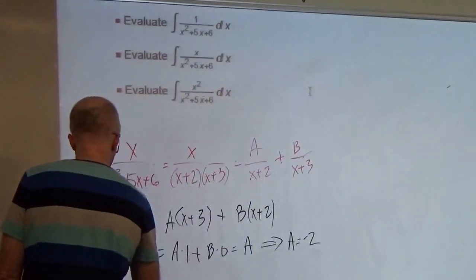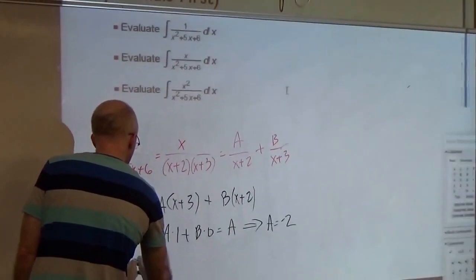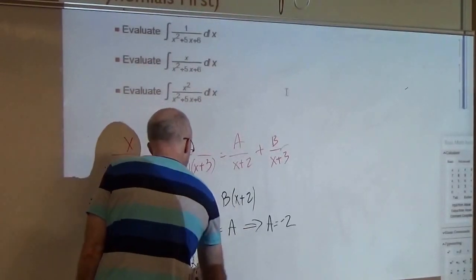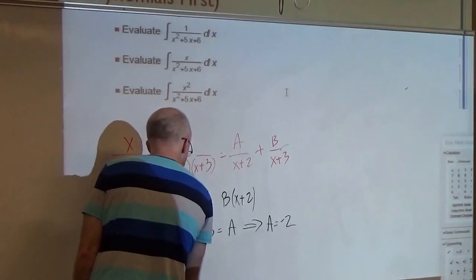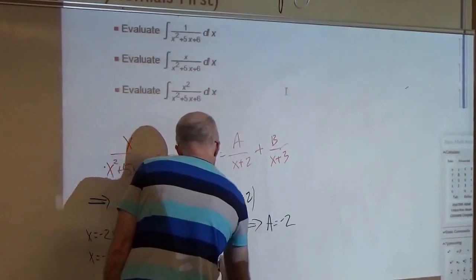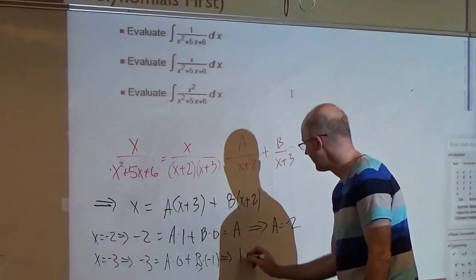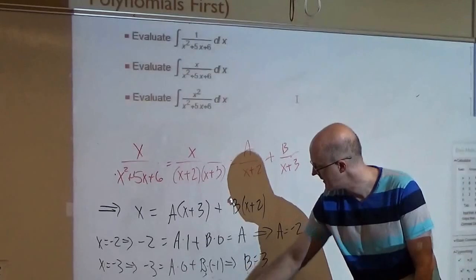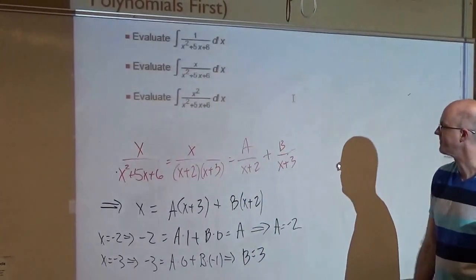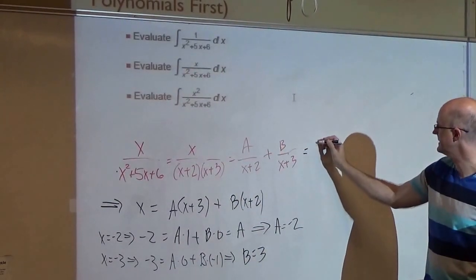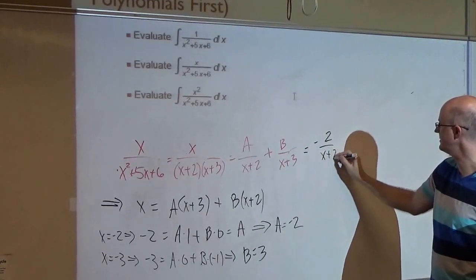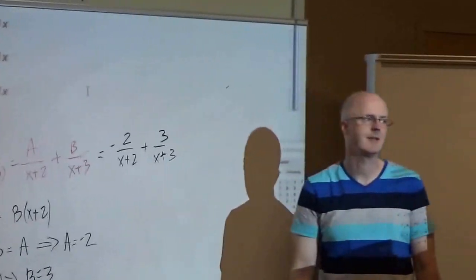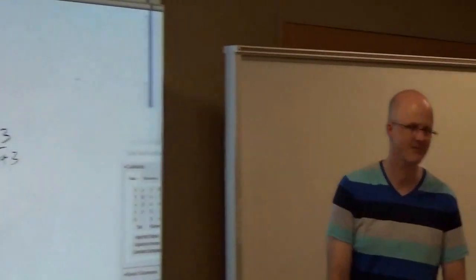And when x is -3, -3 on the left, a times 0 plus b times -1, so that b is actually now +3. So this becomes -2 over x plus 2 plus 3 over x plus 3. And the integral is going to involve logarithms again.